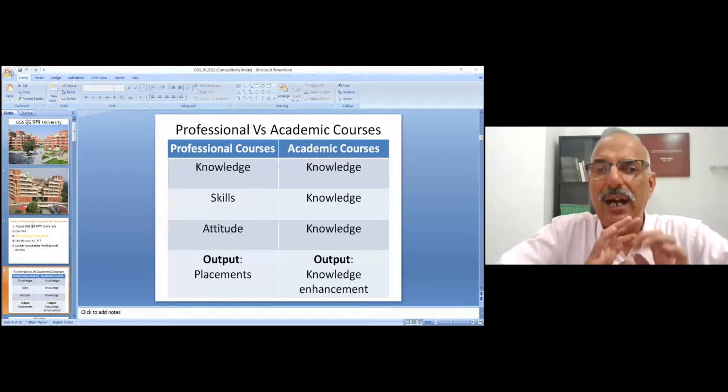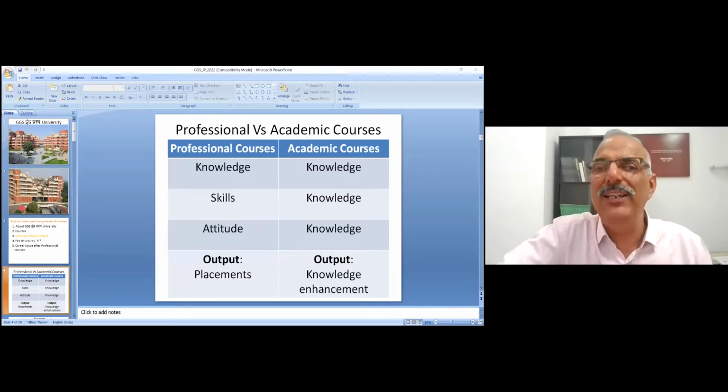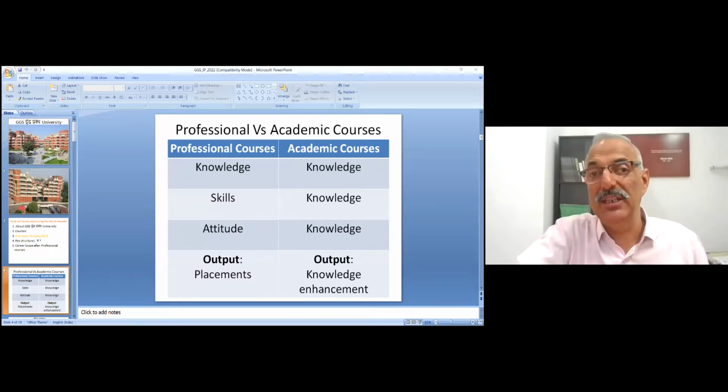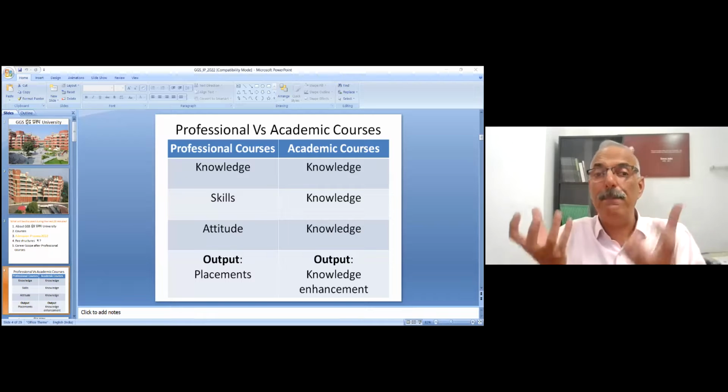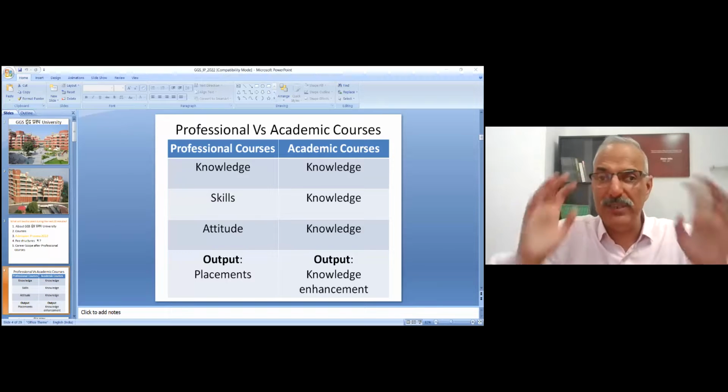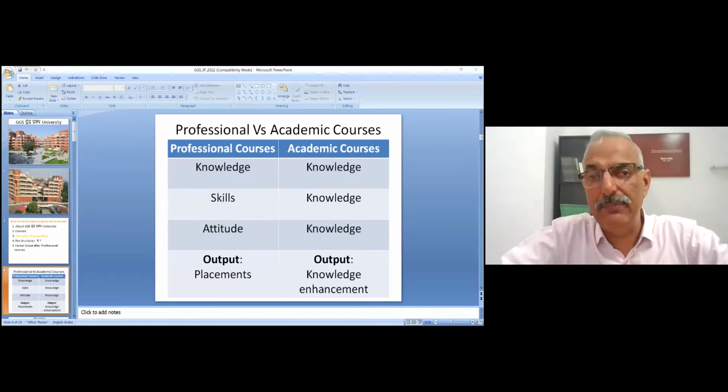Now, Indraprastha University is all about professional courses, while Delhi University is all about academic courses. So before we start about IP University, we need to understand the difference. We need to compare what is a professional course and what is an academic course.